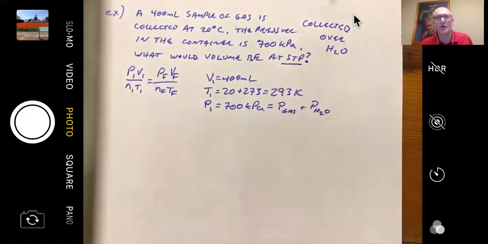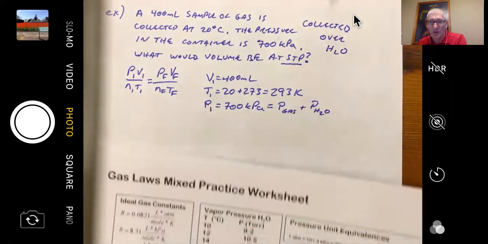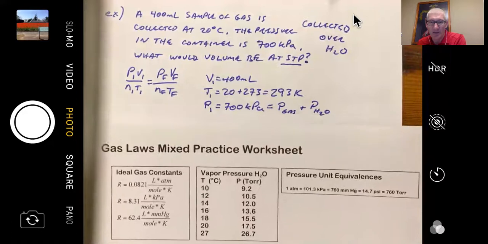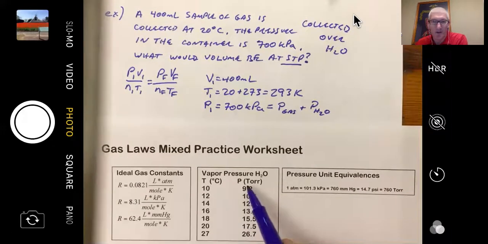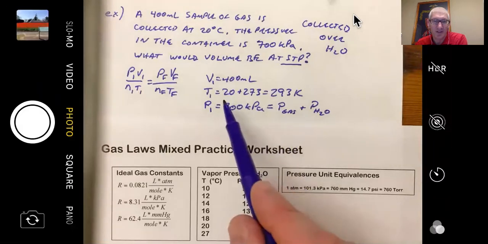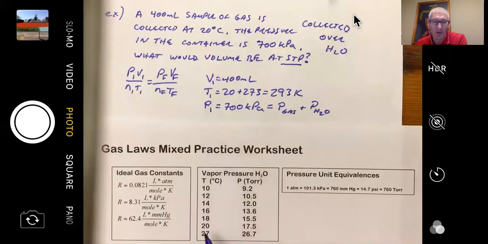Because even though the water is only at 20 degrees Celsius, some amount of it has turned into the gaseous state. So at this point, we're going to look up what the vapor pressure of water is at 20 degrees Celsius. And so the water is contributing this amount of pressure.